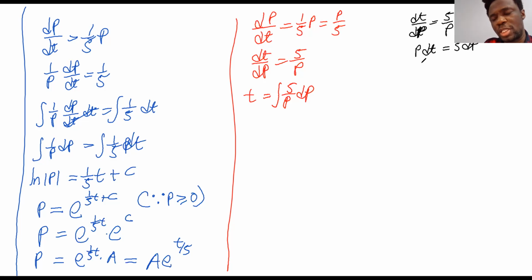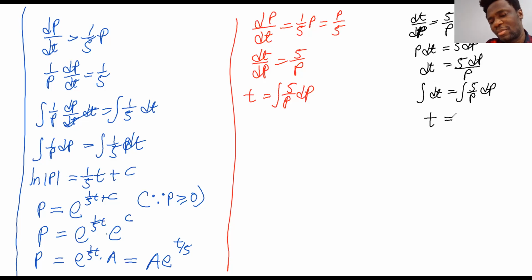Then p will go on the other side. dt equals 5 dp divided by p. And when you integrate both sides, you have the integral of dt equals the integral of 5 over p dp. The integral of dt is just t. Can you see that? So when you apply direct integration, it is the same as this separable variable method also.